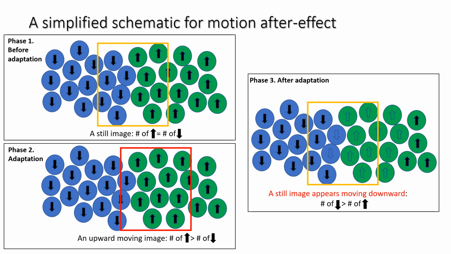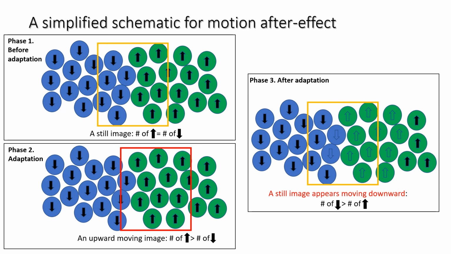Then in phase two, the image begins to move upward, which means that mostly the upward visual fields will be activated. You can kind of see that in phase two as more of the green tinted upward cells are being activated, whereas hardly any of the downward ones might be activated.